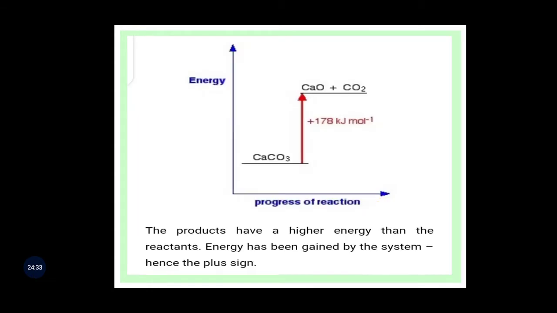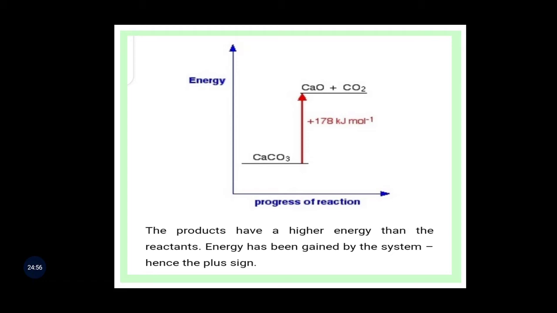So this is just a simple profile diagram to show. At times you can be given an equation and they will ask you to draw the energy profile diagram for that equation. The first thing you must do is to deduce from the equation the kind of reaction.